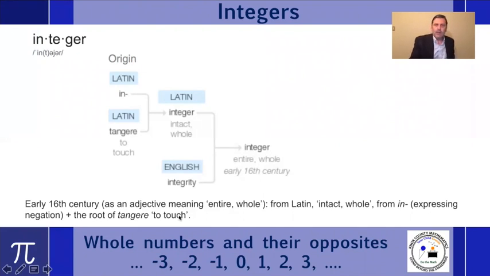Well, if we look at what integers are, we know them as whole numbers and their opposites. -3, -2, -1, 0, 1, 2, 3. You've got your positive numbers, you've got 0, and you've got the opposites. So what does this concept of the negation of to touch mean? Well, going back to remember what Brahmagupta thought of in terms of commerce.